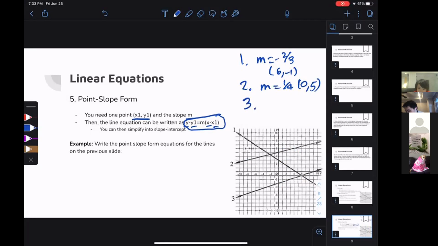And then for 3, the slope is 1/3, and the point you're given is also (6, -1). Given the slope as well as one point that's on the line, please find the point-slope forms of these 3 lines.